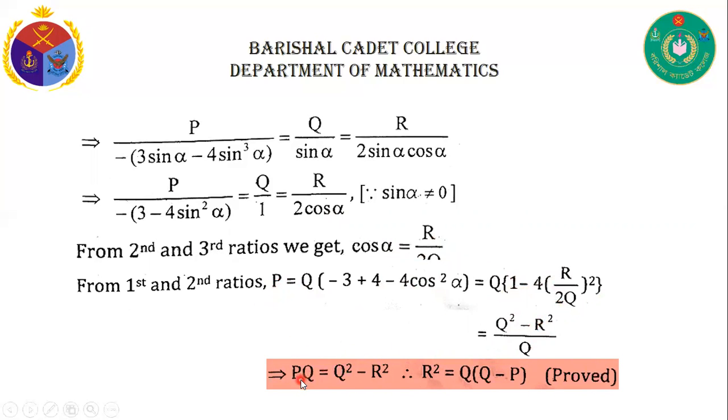So P into Q, P equal to Q square minus R square, that is R square equal to Q into Q minus P. So that's our desired result. So we proved it.